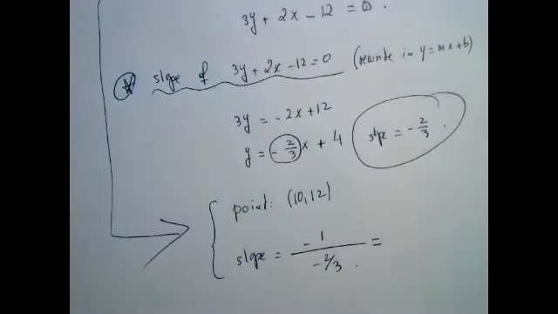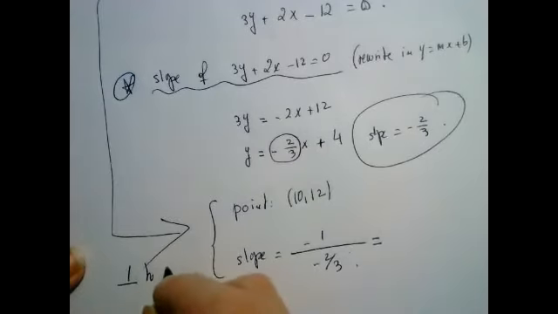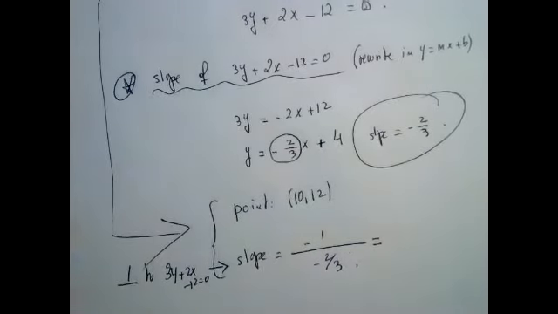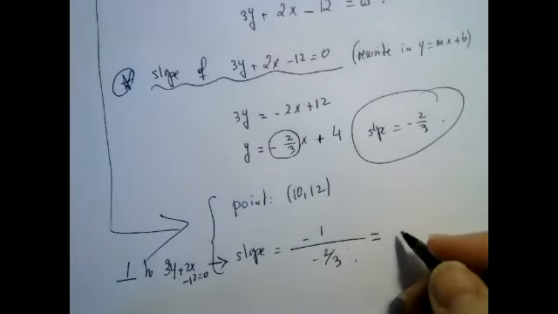I leave it to you. -1 divided by -2/3, because they are perpendicular. So this is perpendicular to this line. It means the slope is -1 over that. And this is going to give me how much if we use the property of fractions?